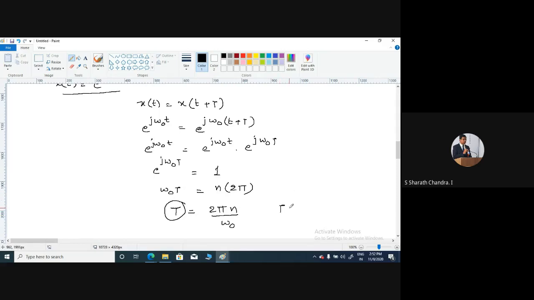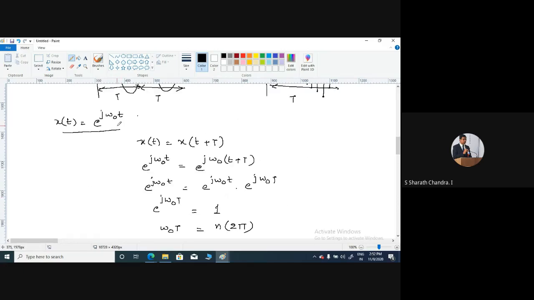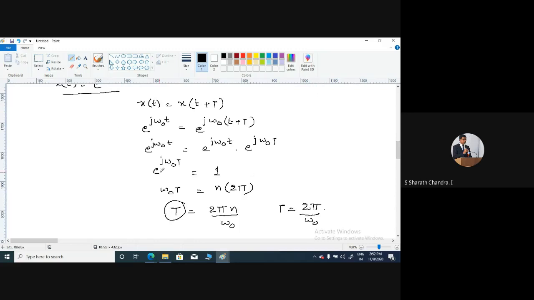Therefore, the smallest value of capital T which satisfies the relation is T is equal to 2 pi by omega naught. This is how you can show that a complex exponential signal is periodic, with a period of capital T equal to 2 pi by omega naught.